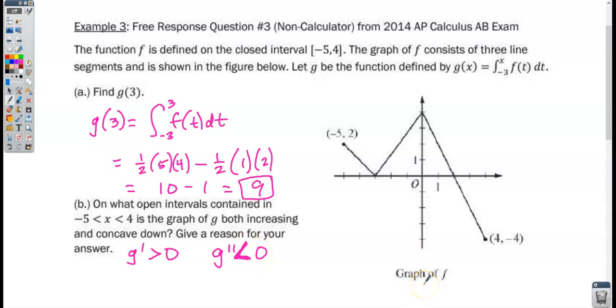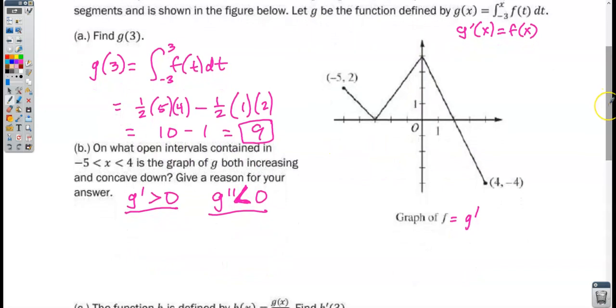Well, since g of x is equal to this, that means that g prime is equal to f of x. So this is a graph of f, also the graph of g prime. So we're looking for places where g prime is positive to meet this characteristic, but where g double prime is negative. And where g double prime is negative is going to be where the slope of this graph is negative.